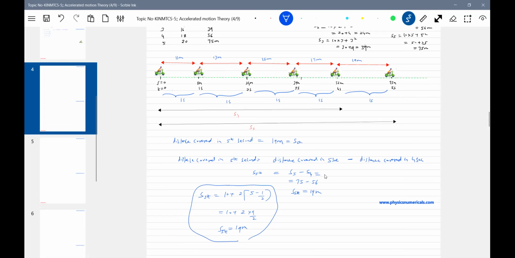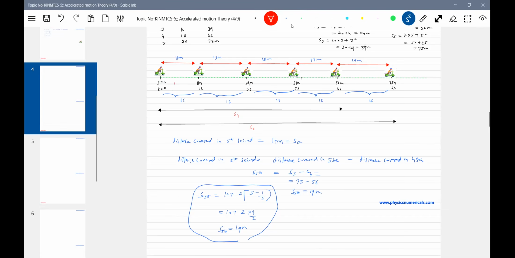Distance covered in 5th second, directly substitute in that formula. Or else, what you should do? You should find out distance covered for 5 seconds, distance covered for 4 seconds. The difference of that will be the distance covered in 5th second. So distance covered for 5 seconds and distance covered in 5th second are different.